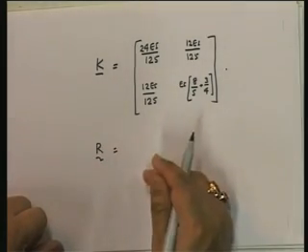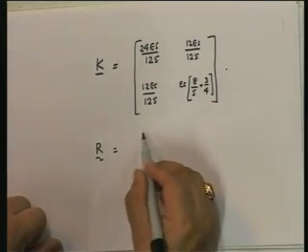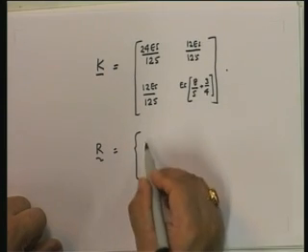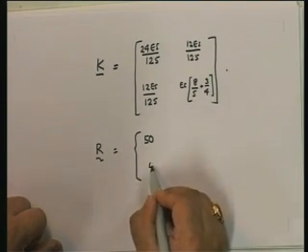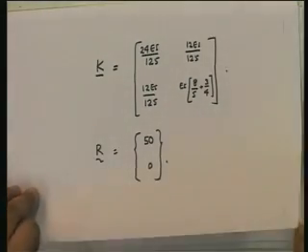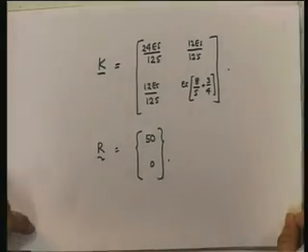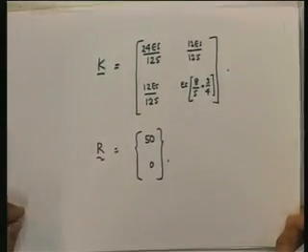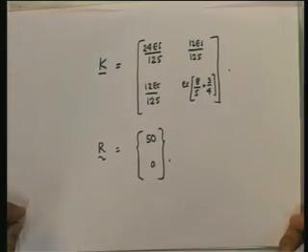And what's my R? R is going to be 50, 0, and we haven't yet done the Ai transpose into this.